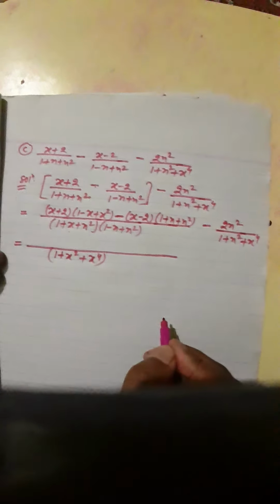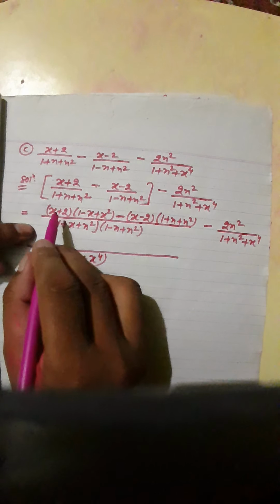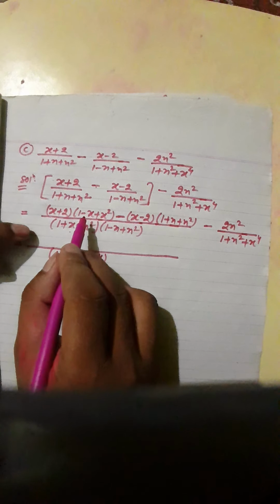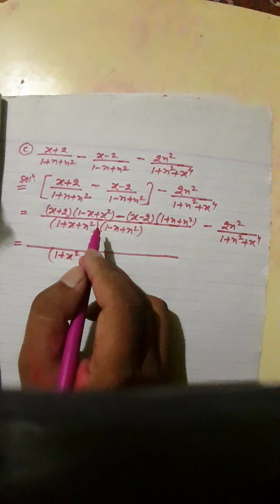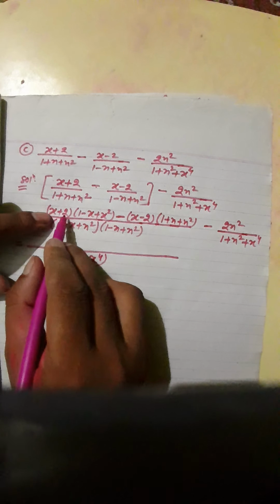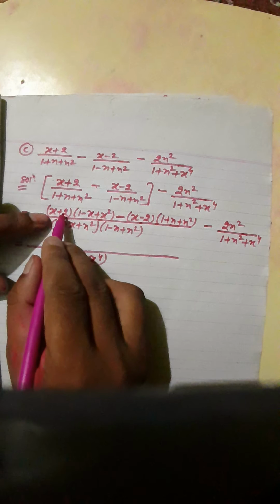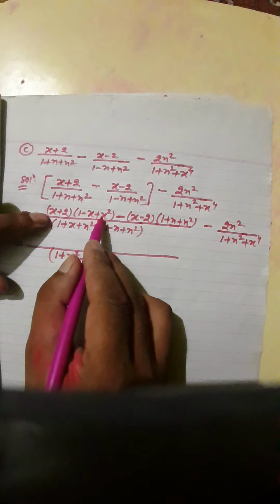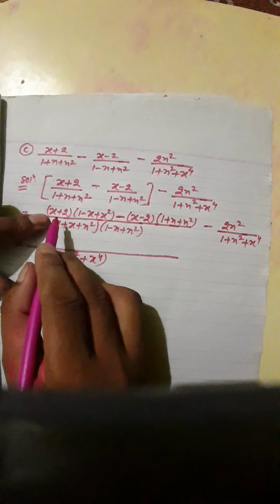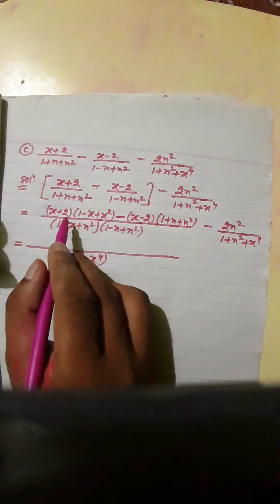And upside, if it is in the formula of a³ + b³ or a³ − b³, then we can write it in the formula. But here if you check, it is not in the formula. We have x + 2 and 1 − x + x². You know a³ + b³ = (a + b)(a² − ab + b²).